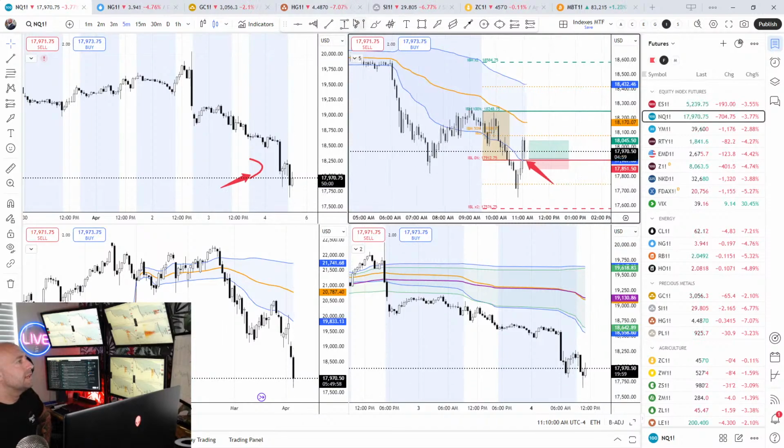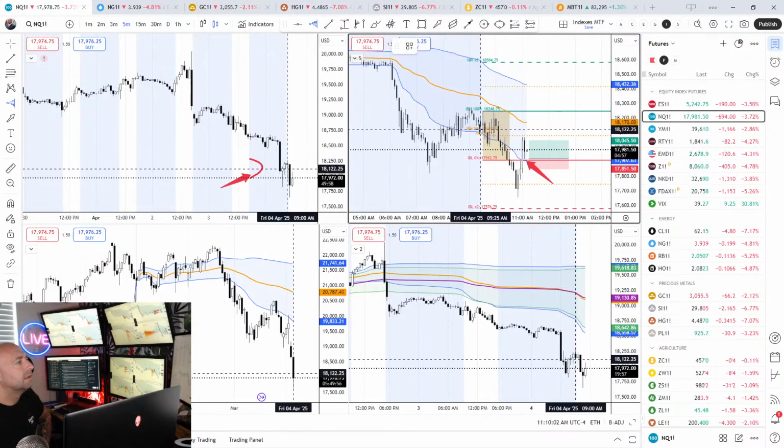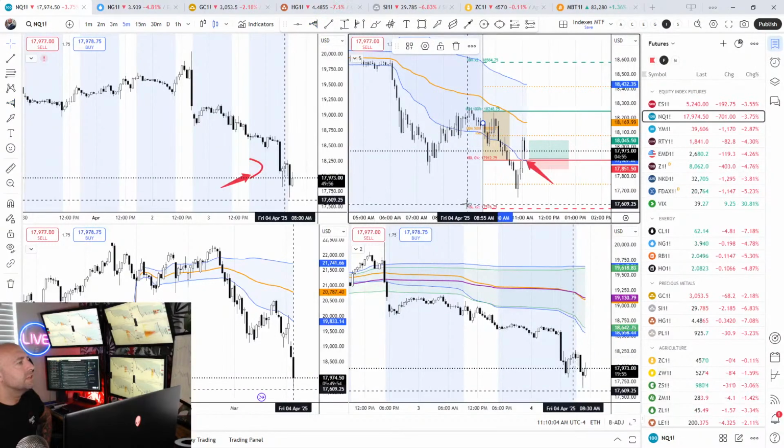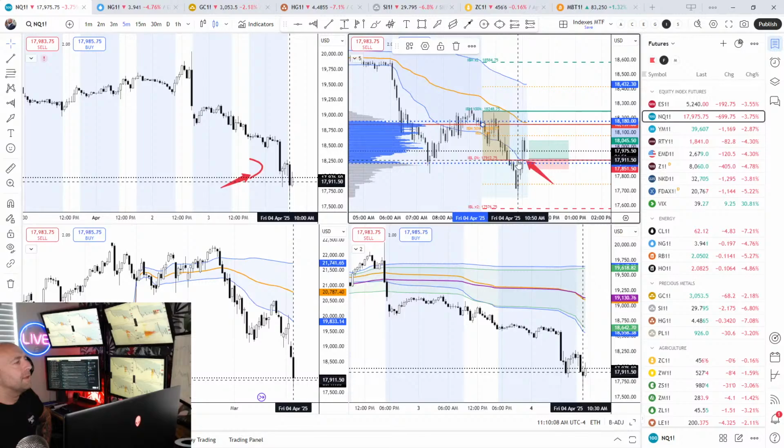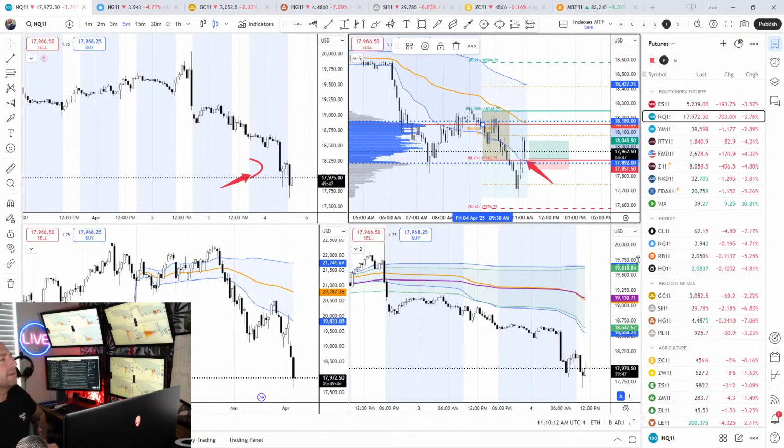So if I put the distribution here, IB low, value area low, lower VWAP band, all in the same spot. Now I traded the bounce.